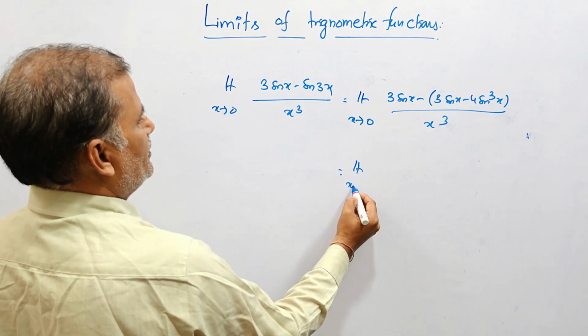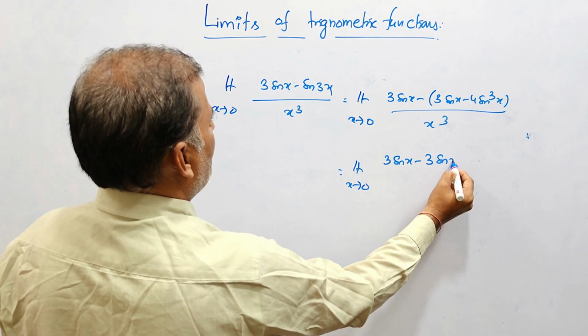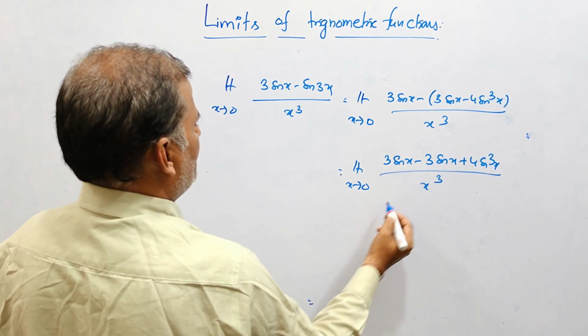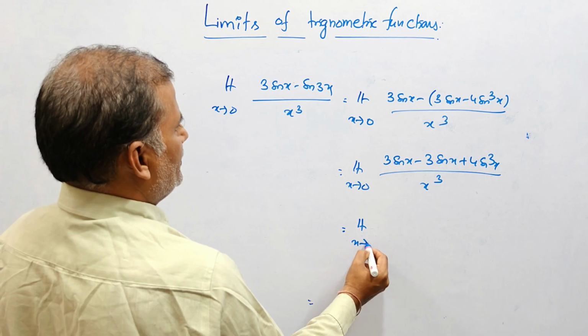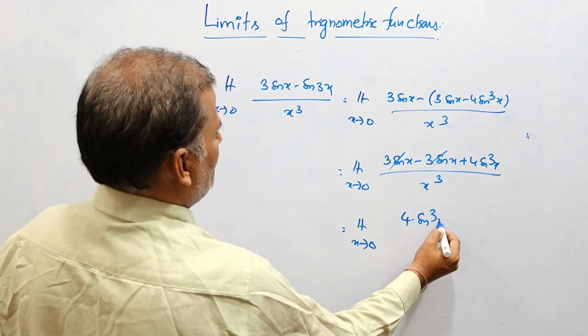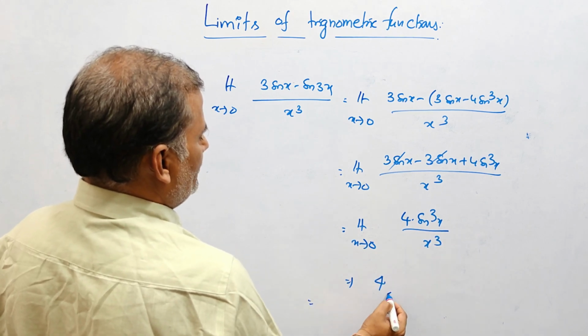Now limit x tends to 0, 3 sin x minus 3 sin x plus 4 sin cube x by x cube. The 3 sin x cancel, 4 sin cube x by x cube. Now the answer is 4.